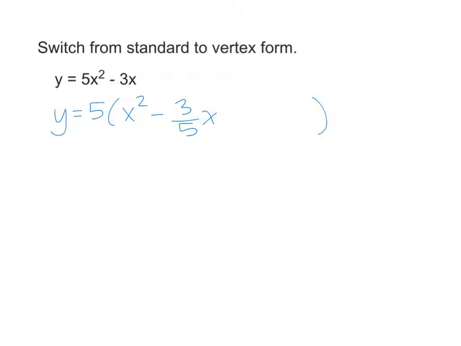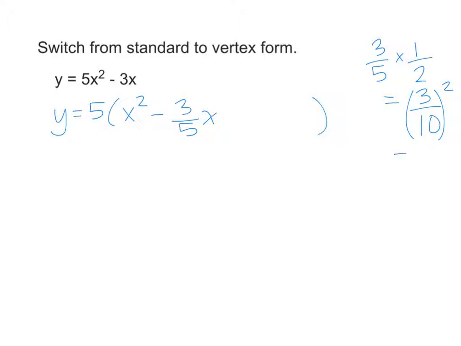And there's nothing there at the end, but we do need to complete the square. Oh, this is kind of tricky, isn't it? Half of 3 over 5. But the process is still the same. Do you remember what you do with that number once you have it? Take half of it and then square it. So we'll take half of 3 over 5, and that's 3 over 10, and then we'll square it.